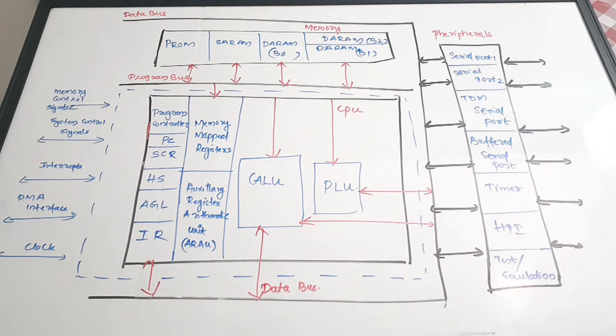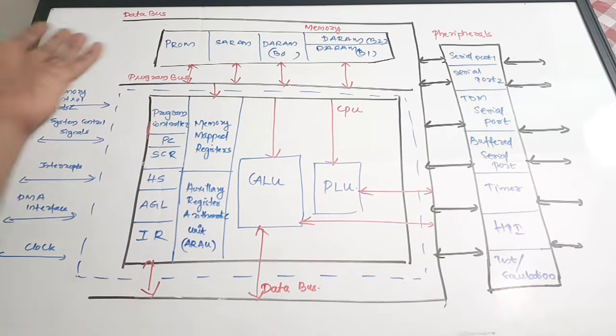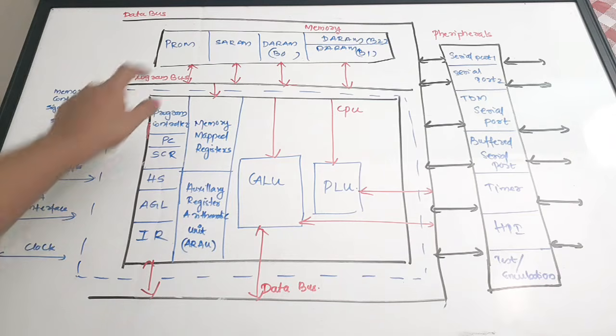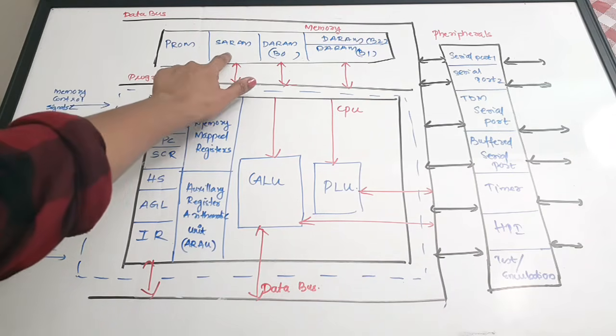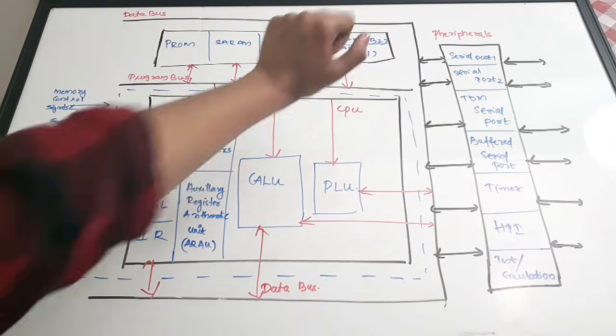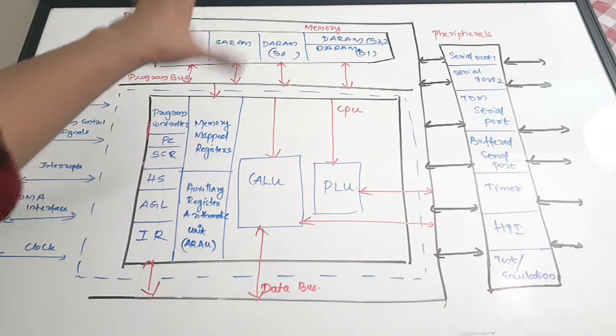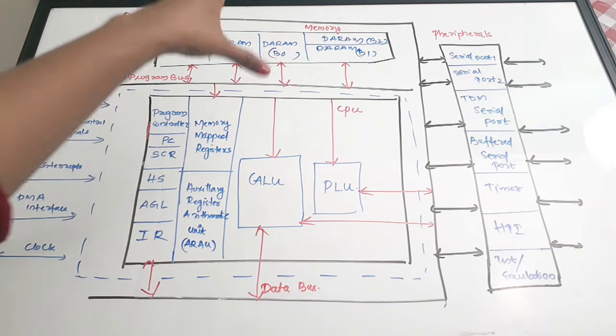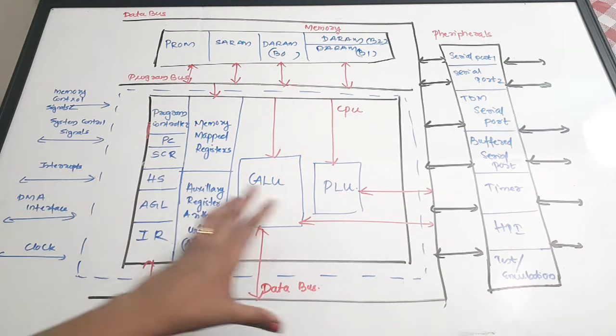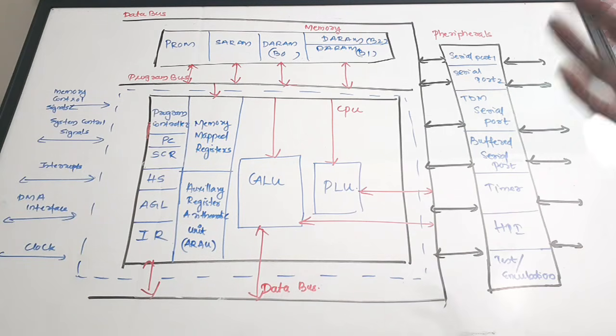Okay, so this is all about the entire architecture of the TMS320C5x processor. So the main elements are the program and data memory, the memory units: program memory, SARAM, DRAM, 3 DRAM blocks. It consists of the memory unit or the memory area. Then there is a processor, and then there are various peripherals connected.